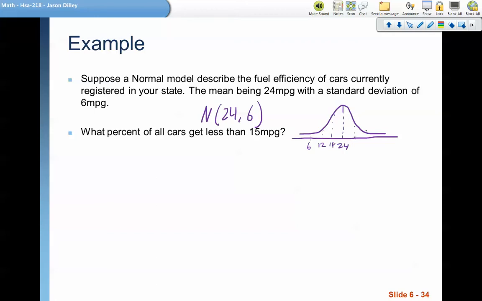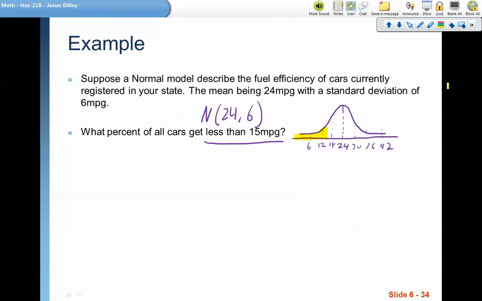And then this other direction is 30, 36, and 42. We are looking for less than 15 miles per gallon. So let's highlight the area that is less than 15. So 15 is about right here, right? If this is 18 and 12, that's 15. So that means we're looking for this area over here, okay?